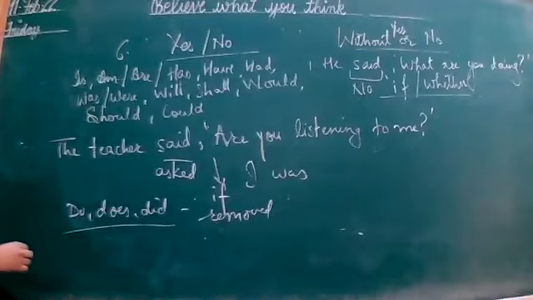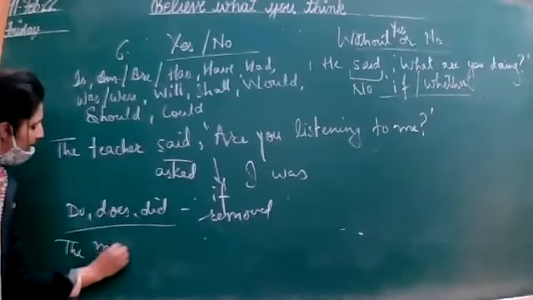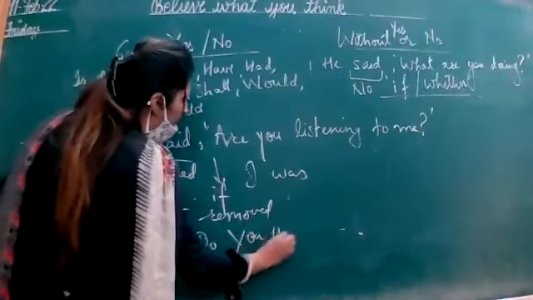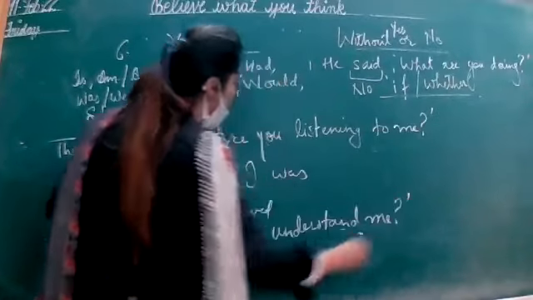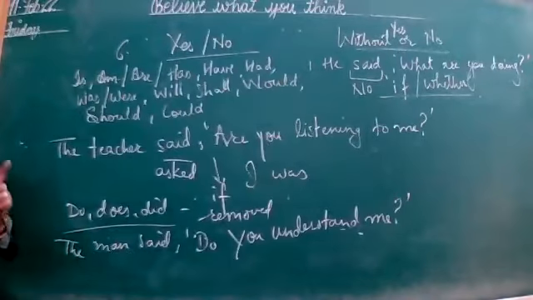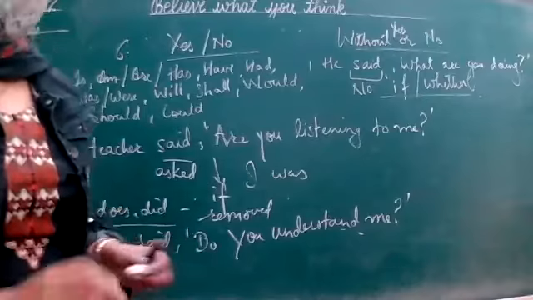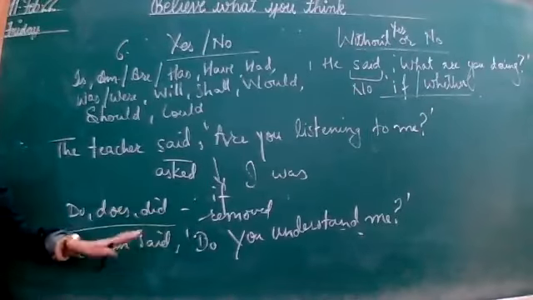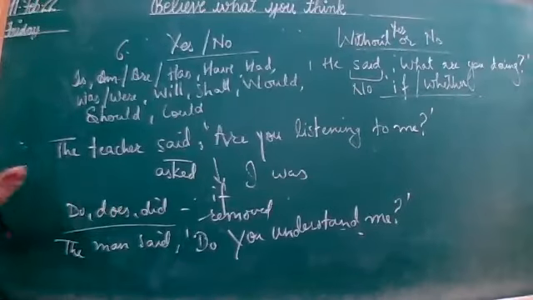For example, suppose the man said, do you understand me? Again, it is expecting an answer in yes or no. The man will say, yes, I understand you, or I am not understanding you. So in this case, remove do, does and did. Then start, if I understood him.